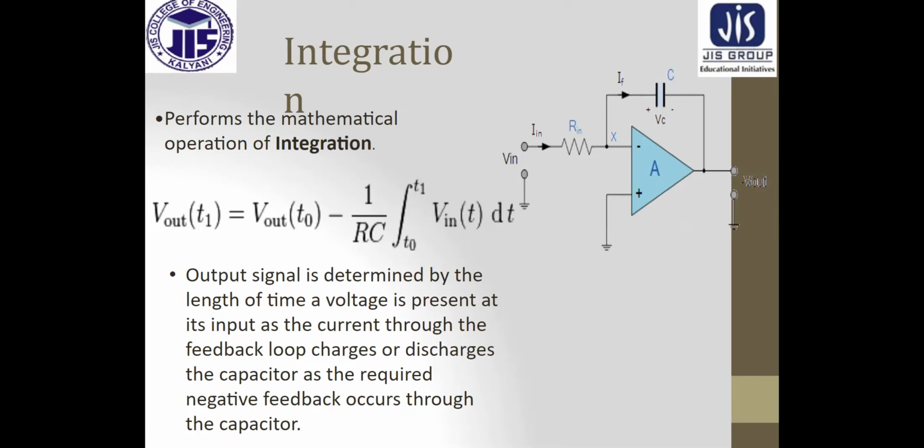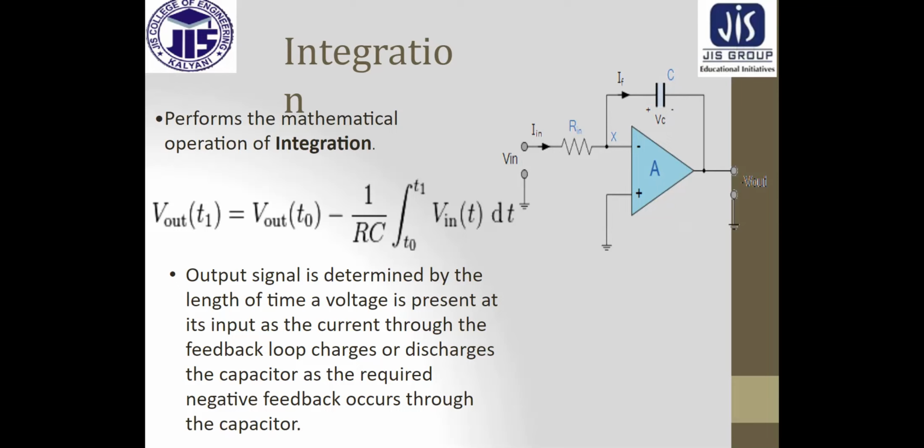Here the output signal is determined by the length of time a voltage is present at its input, as the current through the feedback loop charges or discharges the capacitor, as the required negative feedback occurs through the capacitor.